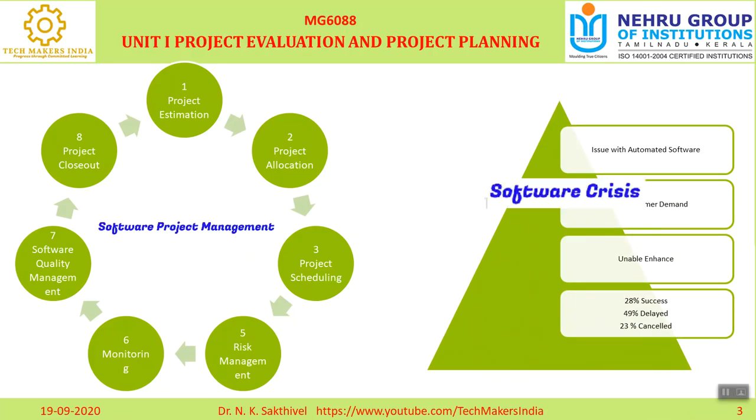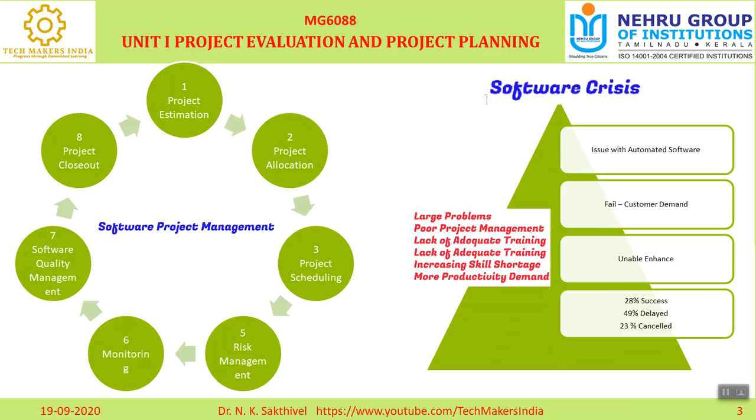And one thing we should not forget at this part: whenever we are developing a project, we should expect a few crises, because without hurdles we cannot complete any project, but at the same time we want to overcome all those hurdles and challenges successfully. So software project management is helping with ideas also.